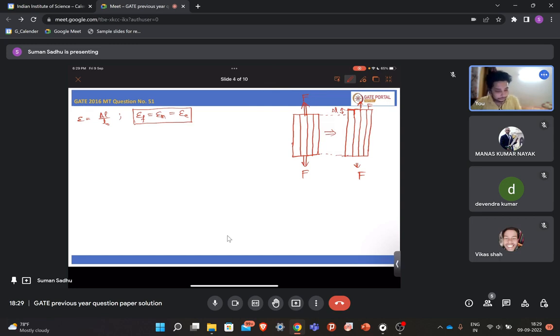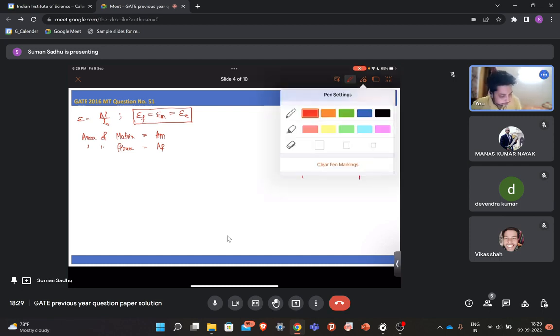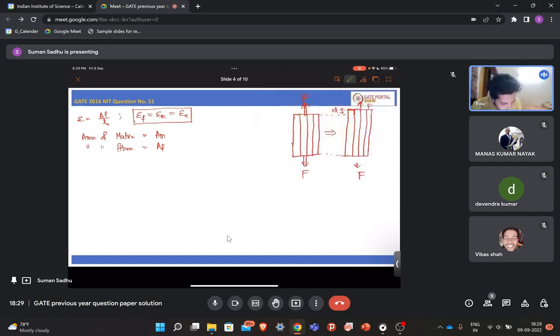Now the force is F on the composite. We are applying force F. Let's say the area of the matrix is AM and the area of the fiber is AF. That means the area of all the fibers together.